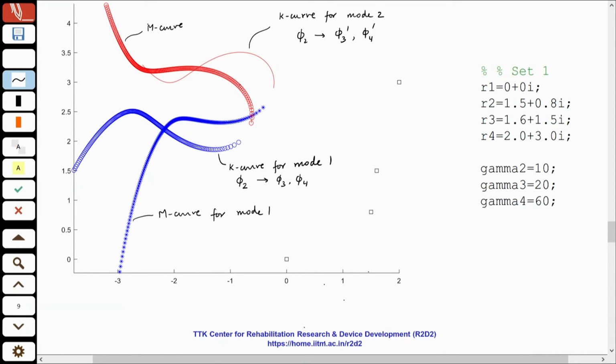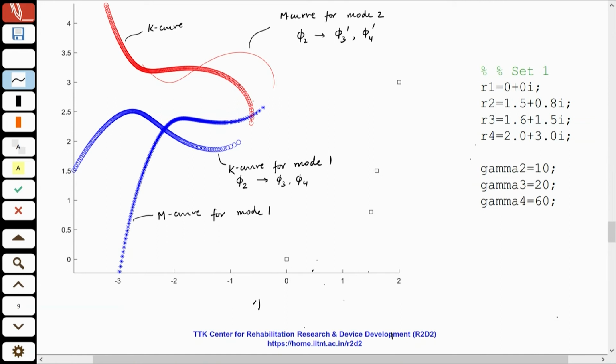This is the K curve, the circle point curve, and this is the M curve. That is the K curve, that is the M curve for this. Again, for the same 4 position motion generation problem, these are the two modes.